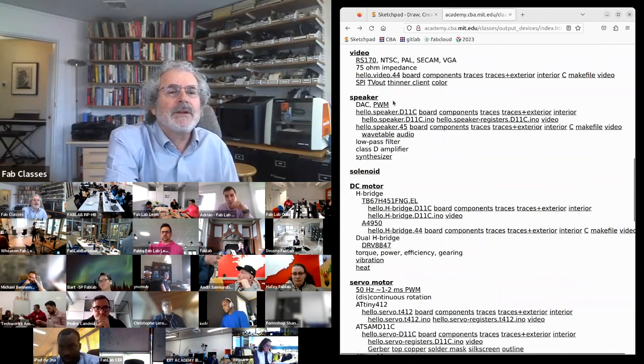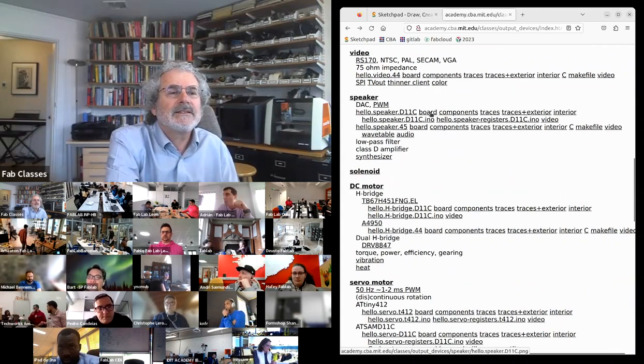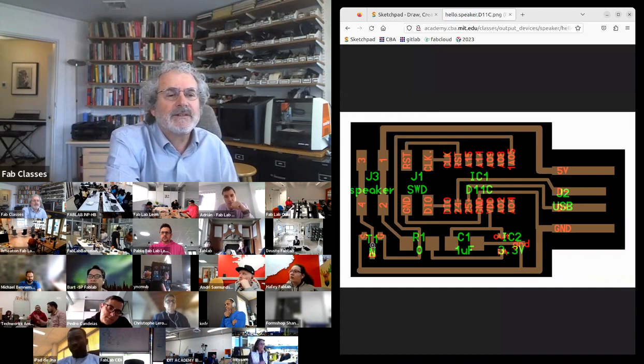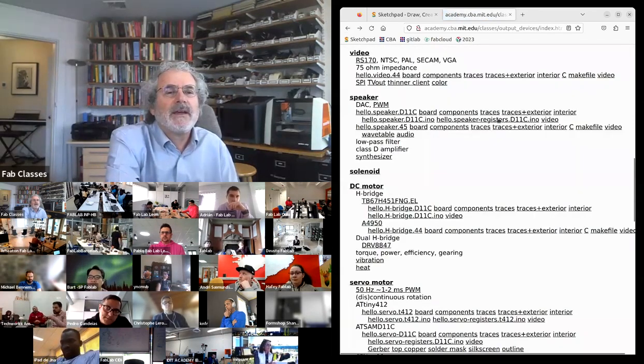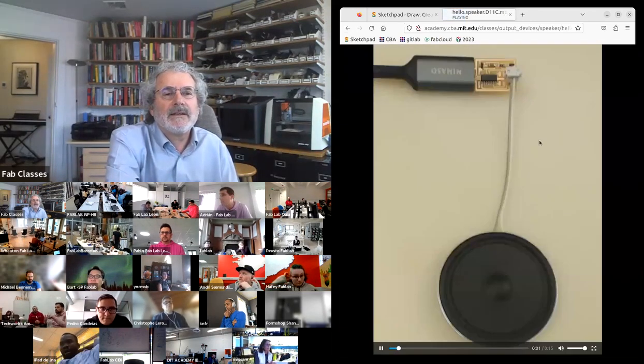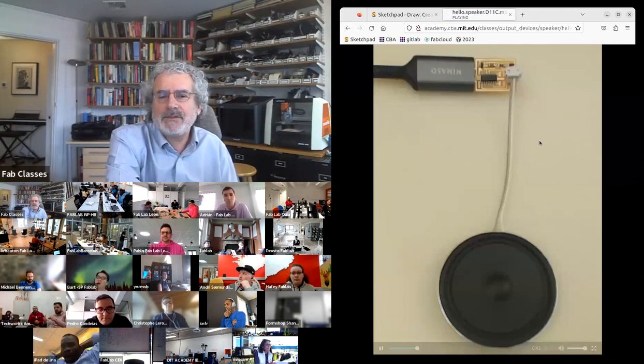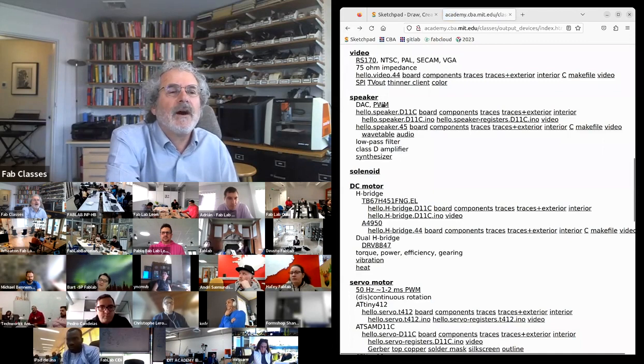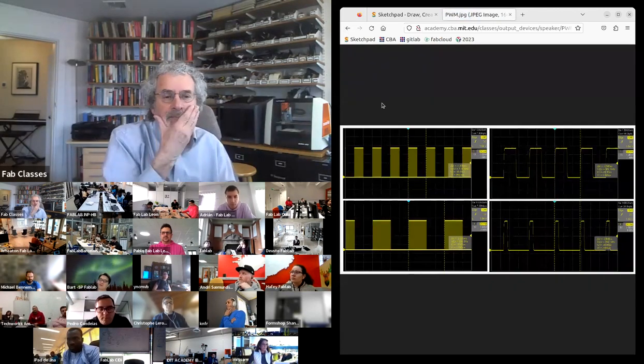Okay, next we're going to make audio. So here is a board with a D11. I've got a power transistor connected to a speaker, and it's making beeps. So I'm varying the volume and the frequency.